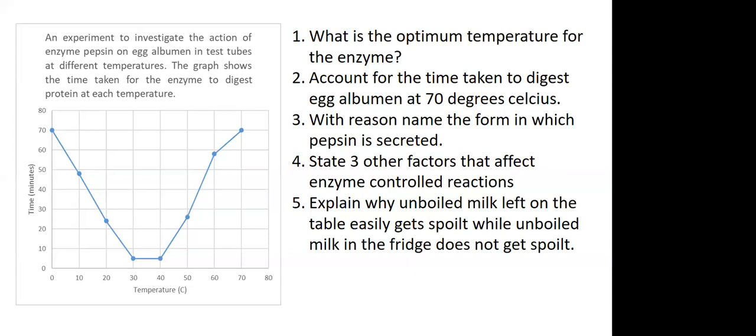It breaks down. The active site becomes distorted, so it can no longer interact properly with the substrate. It does not bind with the substrate because the active site has been distorted. So that's why we say that the enzyme has been denatured.